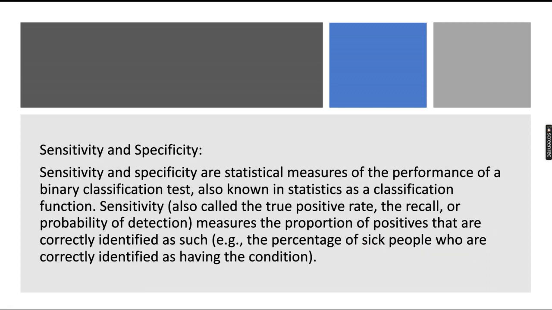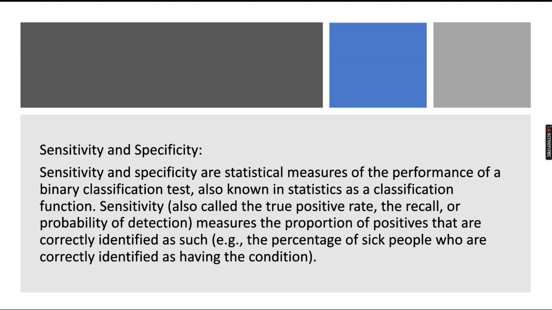Sensitivity and specificity. It is the statistical measure of the performance of a binary classification test, also known in statistics as a classification function. Sensitivity, also called the true positive rate, or the recall, or probability of detection, measures the proportion of positives that are correctly identified as such.